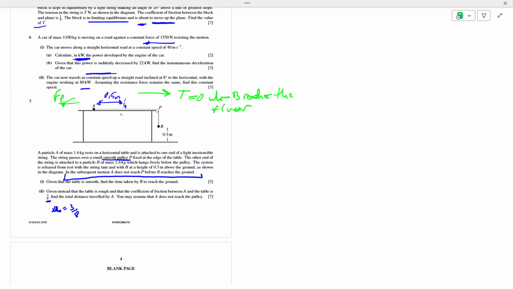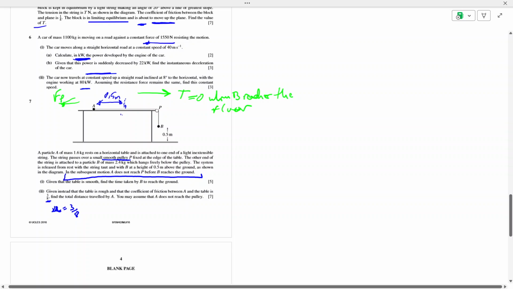Then I'm going to calculate the final velocity of A. Then I can calculate the distance traveled by A after it has traveled the initial 0.5 meters and after B has reached the ground. Let me show you if that doesn't make much sense.